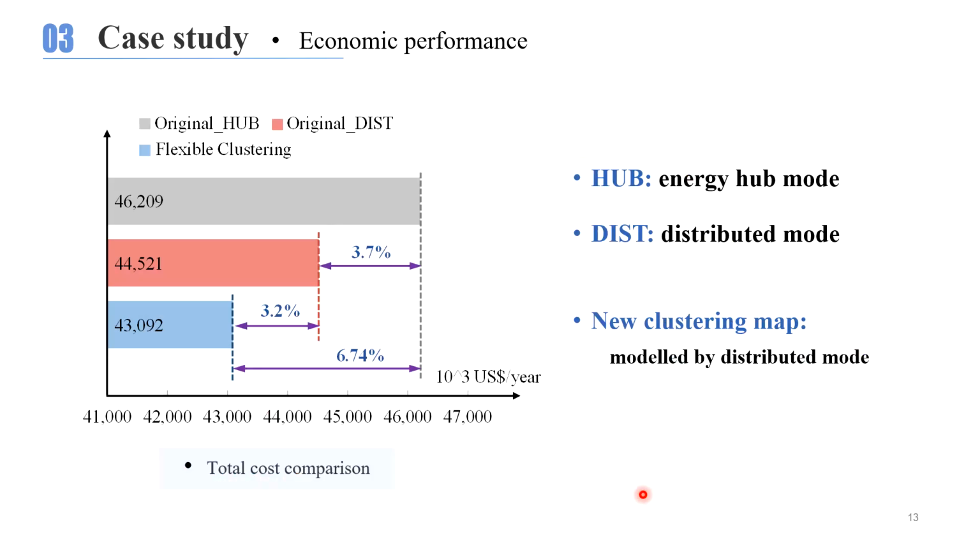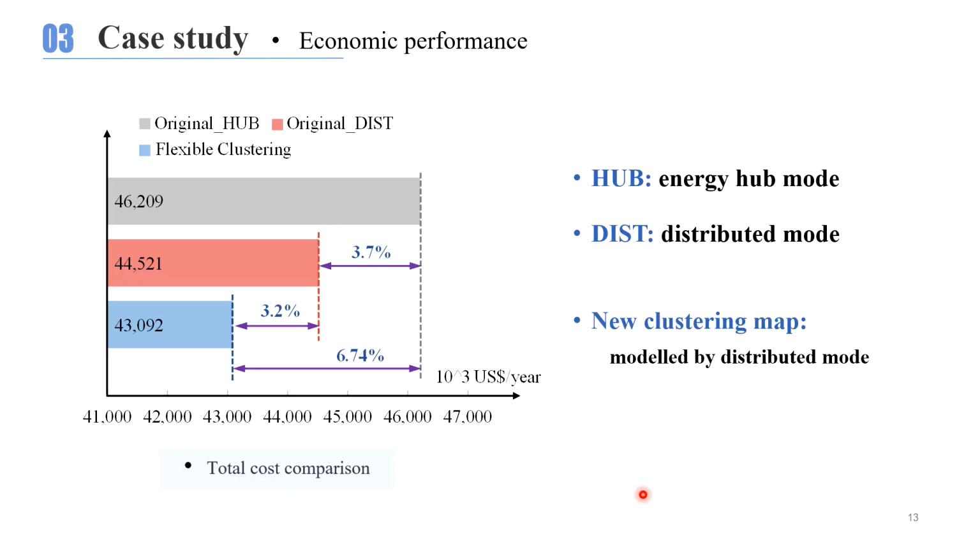As for the economic performance, the optimization results indicate that it can save annualized total cost of around 6% and 3% compared to the basic hub mode and distributed mode.